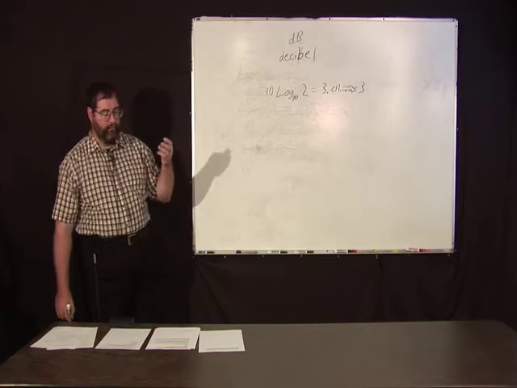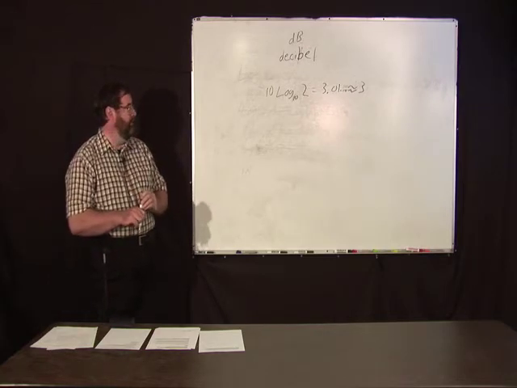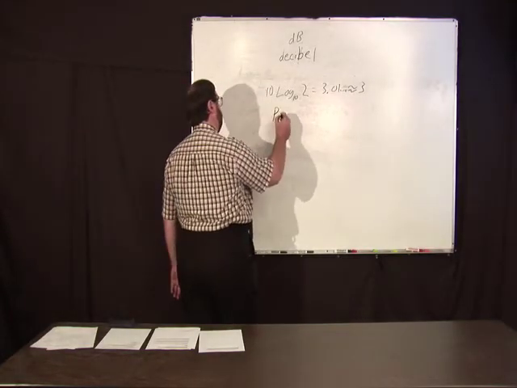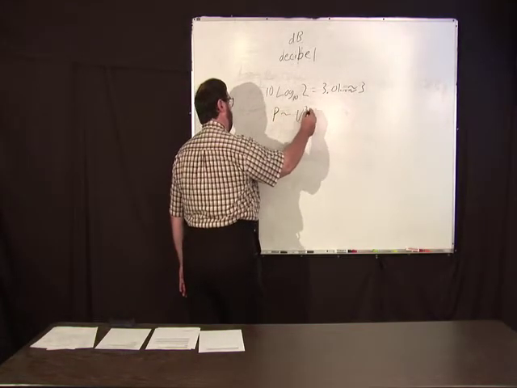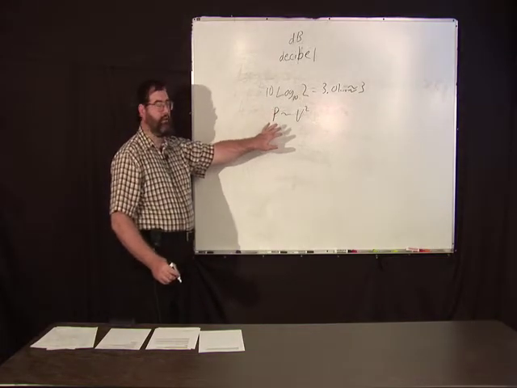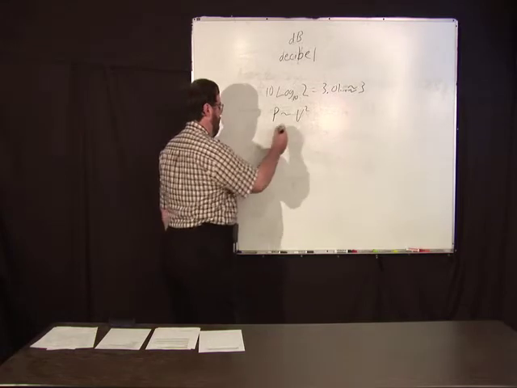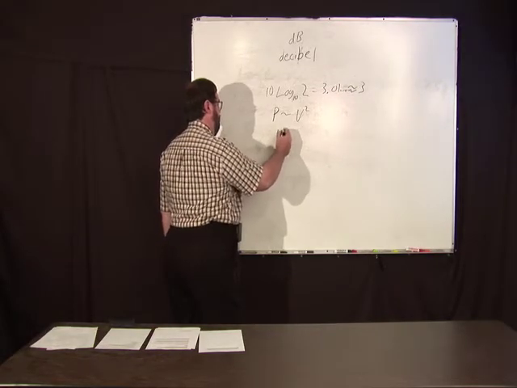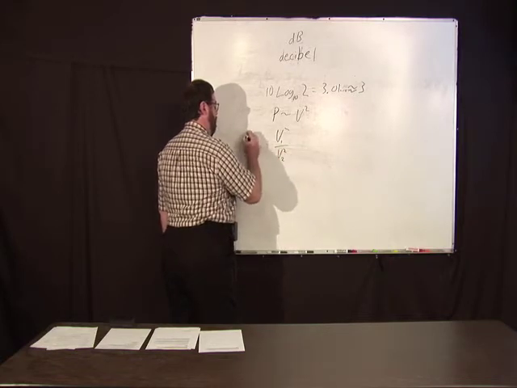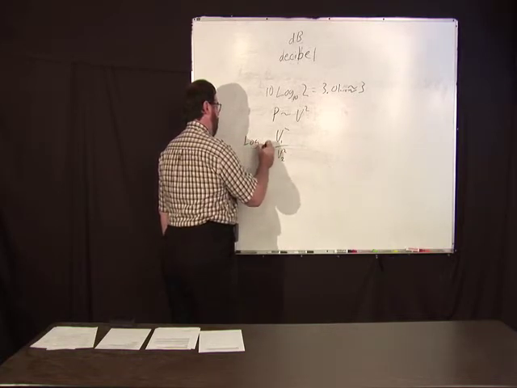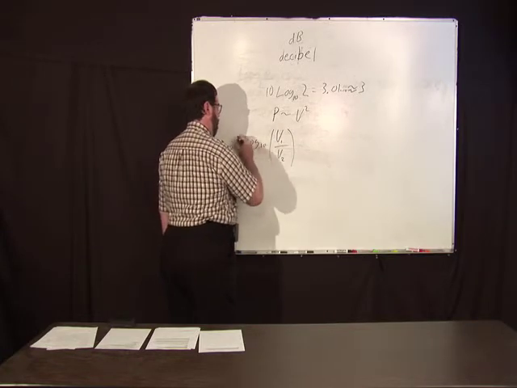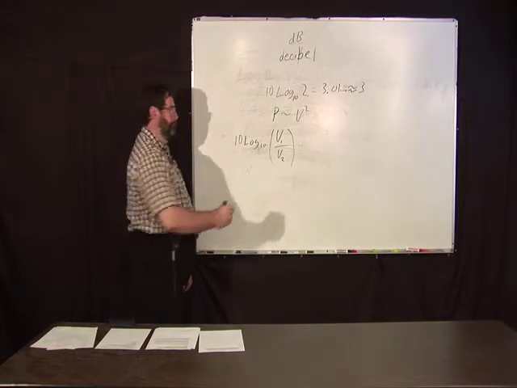Now, if you know a little bit of electronics, you know that power is proportional to the voltage squared. So a power ratio is going to be V1 squared over V2 squared, right? So log base 10, well, this is the same as this whole quantity squared, right?